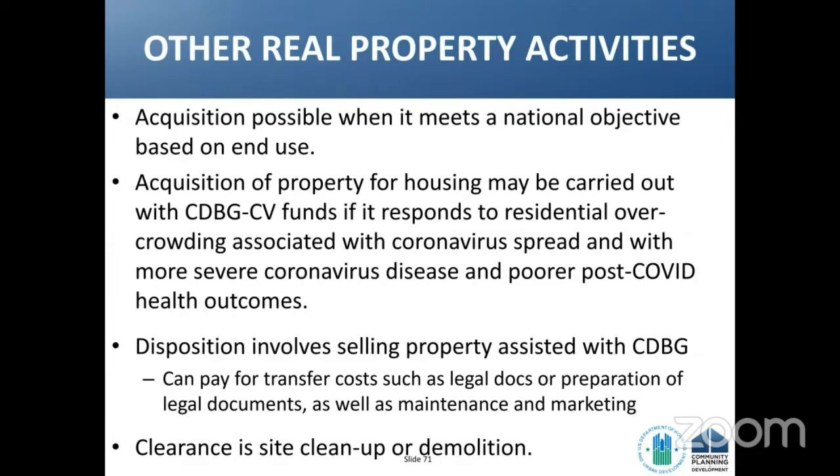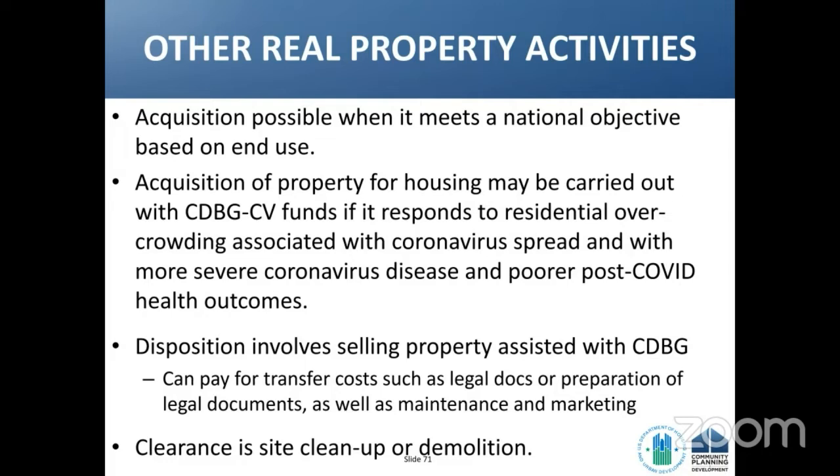Okay, these are other activities that generally are applicable to real property. Of course, acquisition, which is 570.201(a), but meeting a national objective for such an activity depends on its end use. A temporary use can meet a national objective based on what we call short-term temporary use, but it's the final use that's going to determine what national objective will be used for that activity.